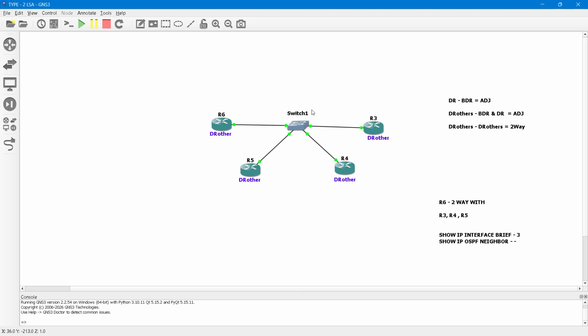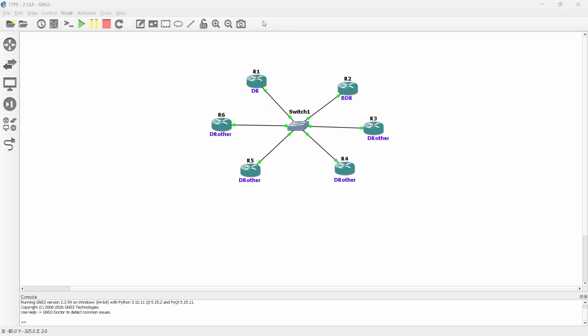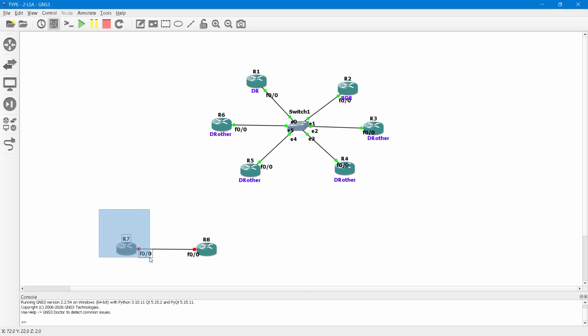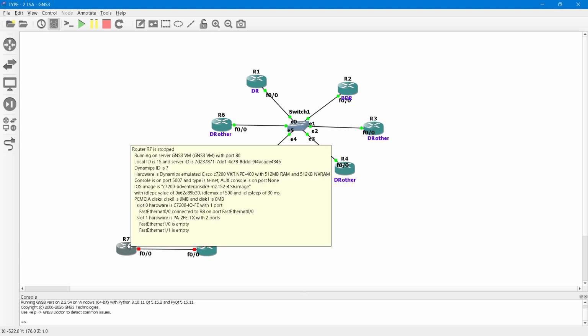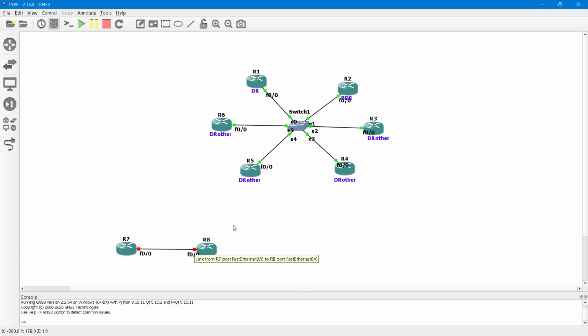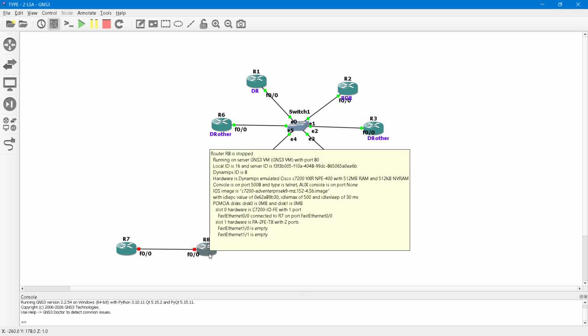Now here I have a short concept to tell you, for which let me draw a different topology. Here we have a new topology where we'll look at the concept of point-to-point connection, and also see how Ethernet acts. When we enable OSPF on the routers, one will become DR and the other one will become BDR, right?